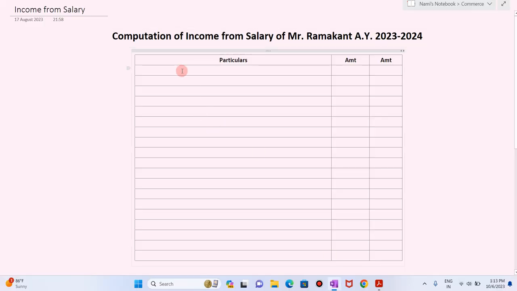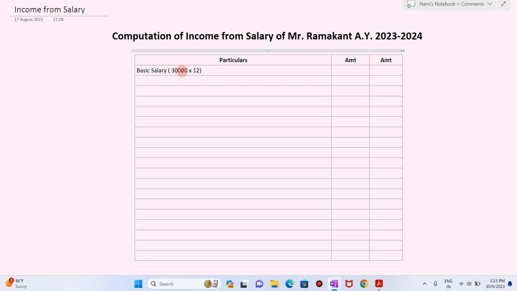Here write basic salary in outer column. Basic salary, first calculate how much it is. 30,000 multiply by 12. Why 12? Per month. So in 1 year there are 12 months.